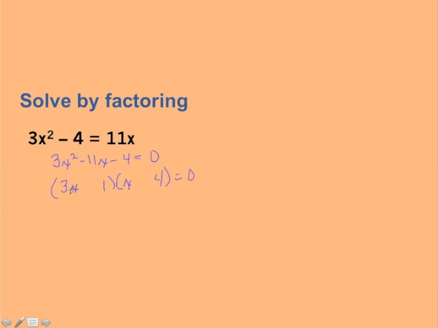So that gives me 3x and 12x. A negative 12x will make it a negative 11. So 3x plus 1 equals 0, 3x equals negative 1, and x is negative 1/3. And x minus 4 equals 0, and x equals 4.